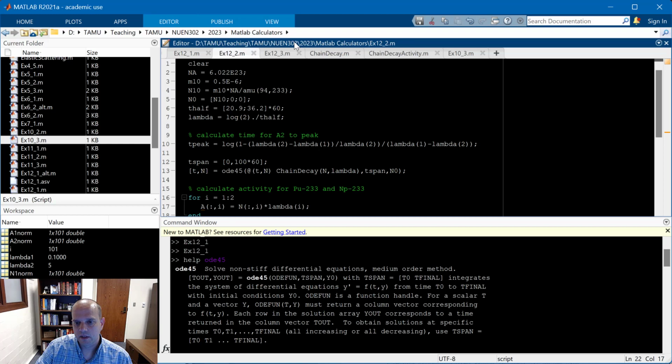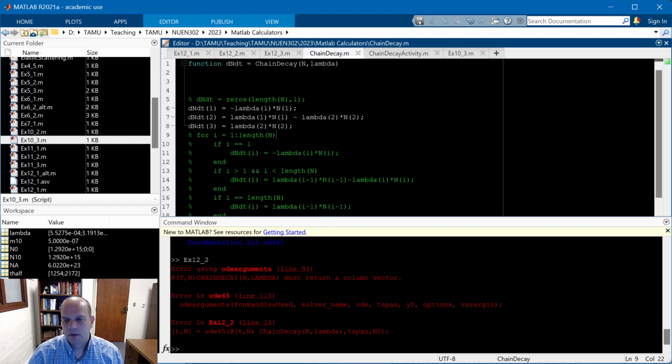So let's look at this. And this error here is because I am not forcing this to be a column vector. And so I need to uncomment that line. And I think that should do it.